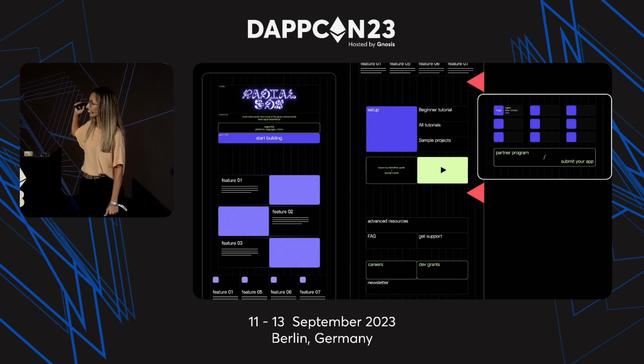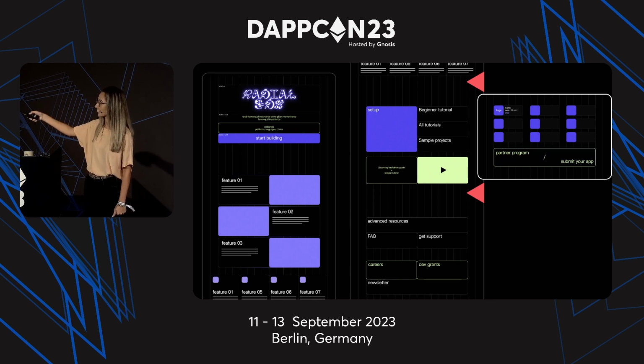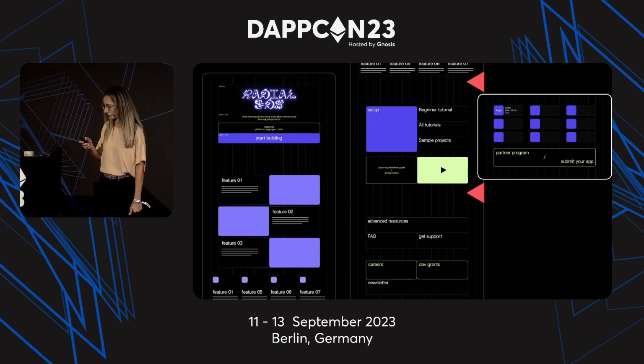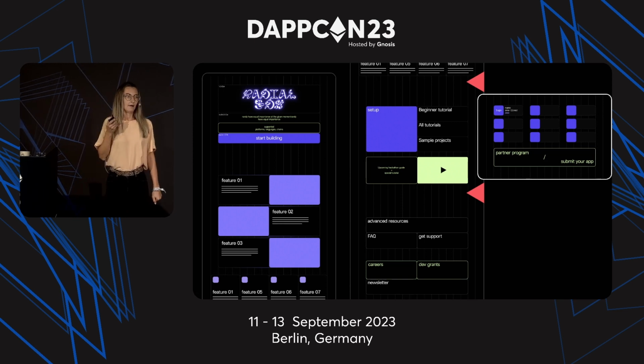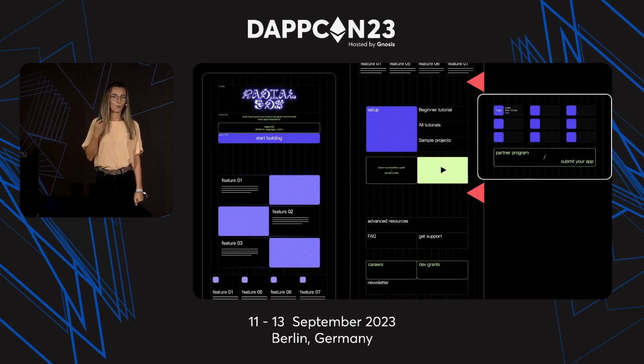So in general, we can put them in two places. We can put them under the features, or we can put them under the tutorials. Where would you put it?